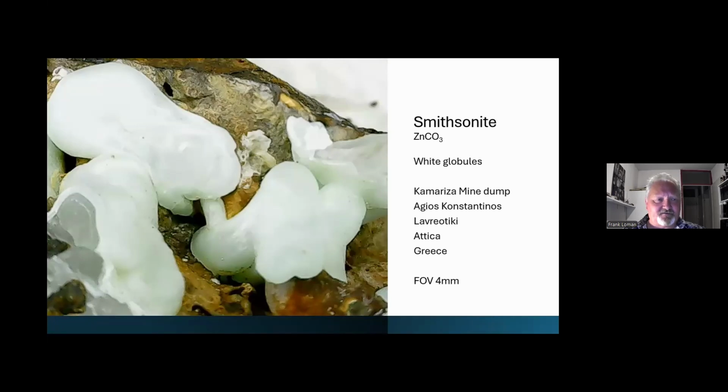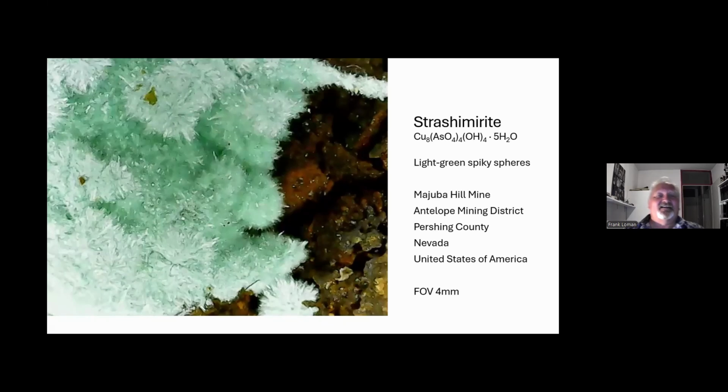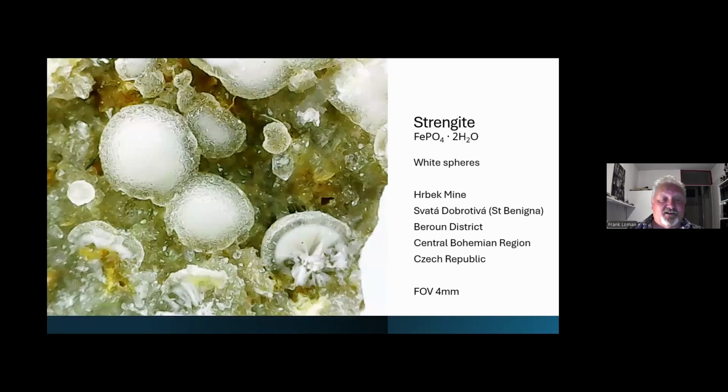Smithsonite, well, these are not spheres at all. These are globules, and they come from the Kamariza mine dump in Lavrion. Sakhaite, light green spiky spheres from the Majuba Hill mine in Nevada. Well, this is a nice picture.